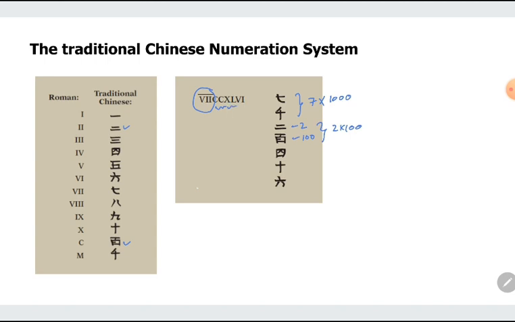XL, I think that is 40. Is that correct? So a symbol for 4, and then a symbol for 10. So they have 40 as well. And then 6, they have a symbol for 6 that looks like that. So this Chinese numeral is equivalent to 7,240 and 6.